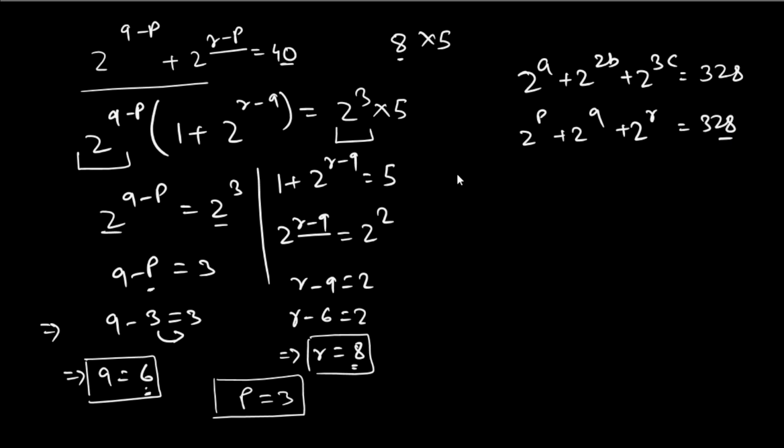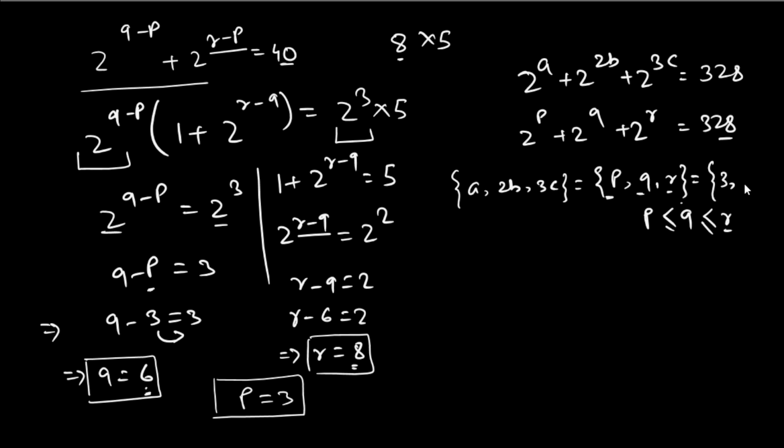In the beginning we also let a, 2b and 3c be equal to p, q and r. Here p is smallest, q is middle and r is largest, and a, b, c are natural numbers. So p is smaller than or equal to q and q is smaller than or equal to r, and these values are 3, next is 6 and the last one is 8.